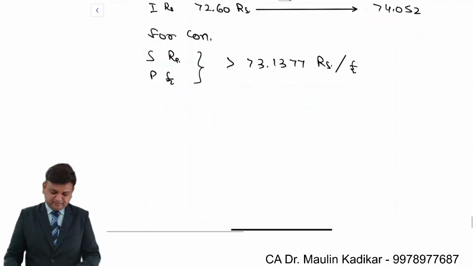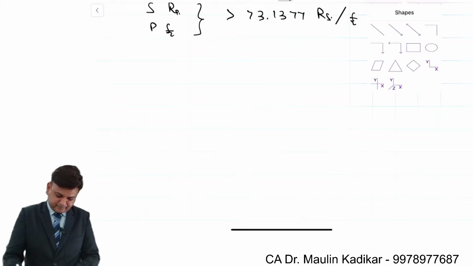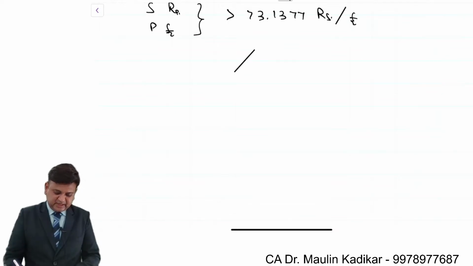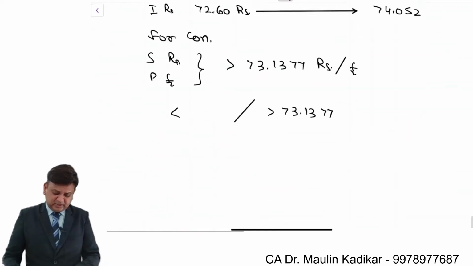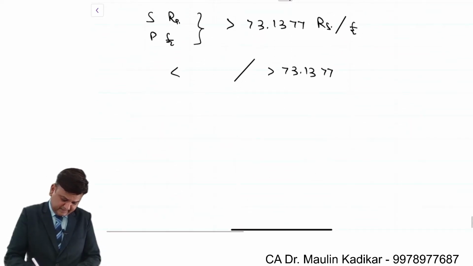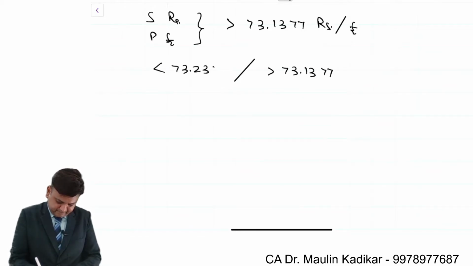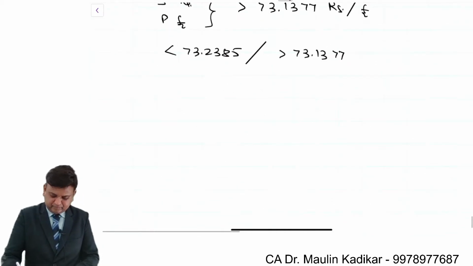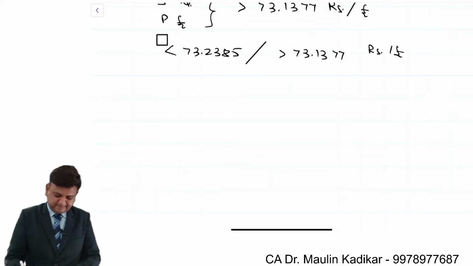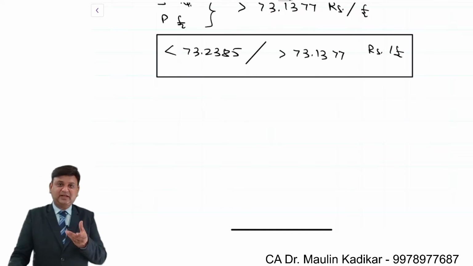So now the exchange rate should be greater than 73.1377 and lower than 73.2385 rupees per pound. This is the way you find the range.